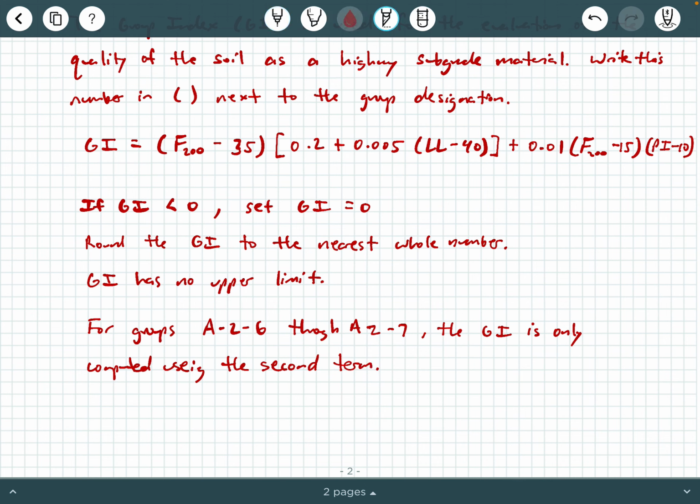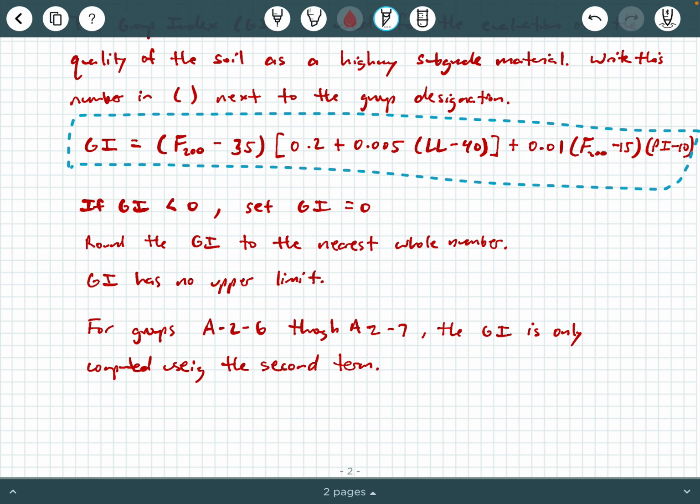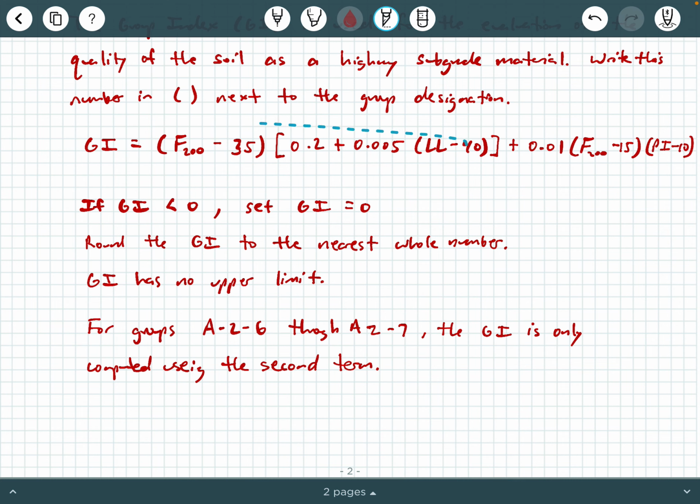Which, when we say the second term, we mean this term right here. All right. Now, again, if you don't remember that, that's okay. You can still calculate it through the whole term. It's just this term drops out when you're in groups A-2-6 through A-2-7, all right?